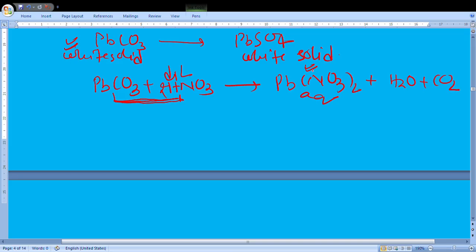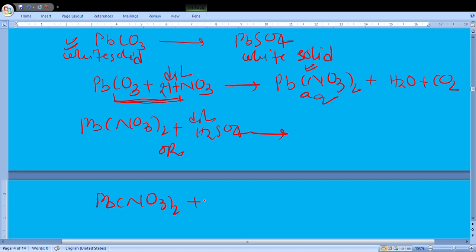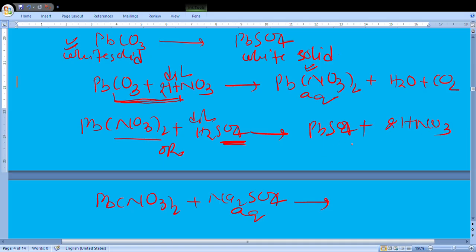Now this Pb(NO3)2 will be treated with either dilute H2SO4 or Na2SO4 aqueous to form PbSO4. NO3 will be exchanged by SO4 to form PbSO4 plus 2HNO3, a white solid, right?